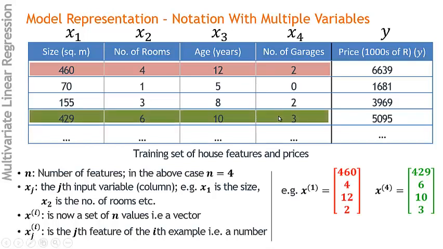I think that should be clear. You can spell this out and look at some other examples. The x with subscript 2 and superscript 1 is the second element of the first row, which you can see is 4. x subscript 4, superscript 1 is the fourth element of the first row, which is 2. And so on.